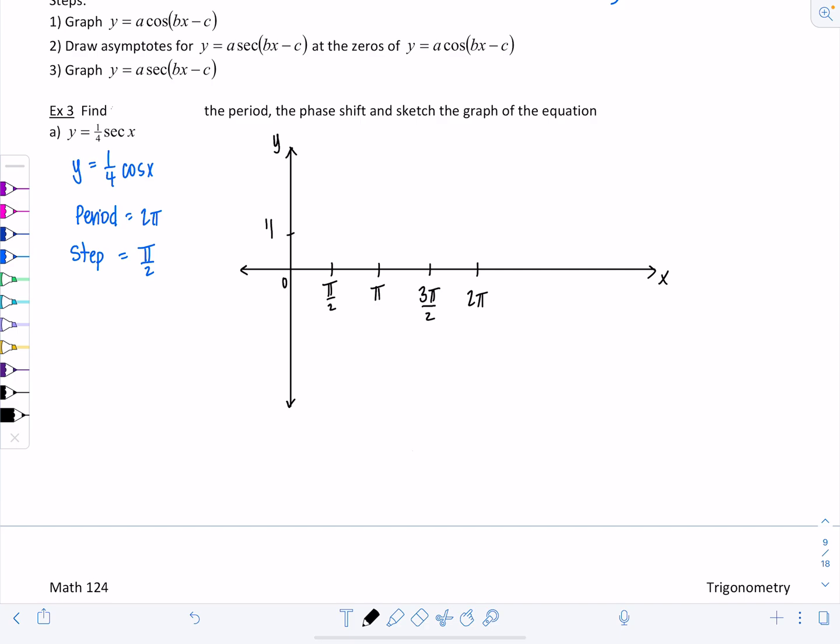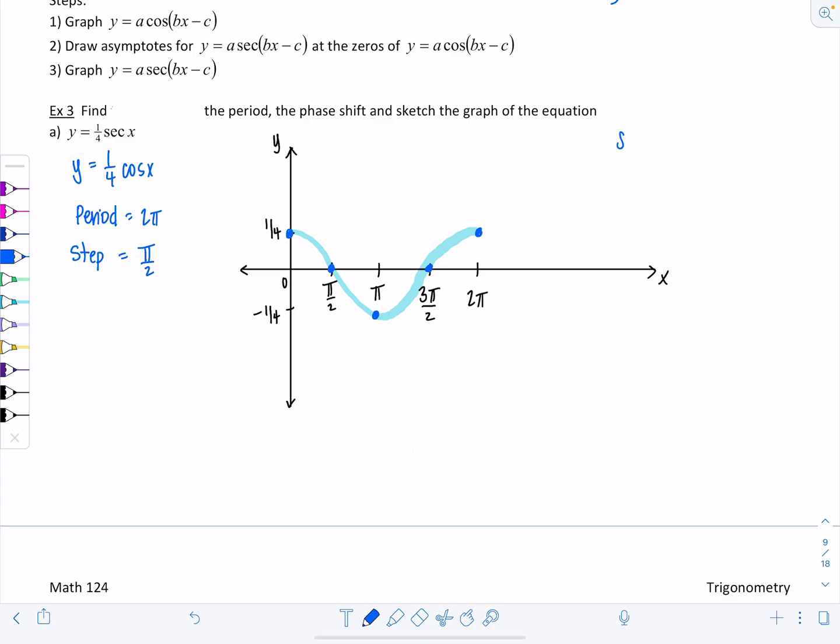In this case, that's 1/4, and then it goes down to -1 or -1/4 here. So we go up, down, up, middle, down, middle, up. Okay, I'm going to draw cosine's graph lightly. This is the unofficial graph, right? We're not finding cosine. We're asked for secant, but we're going to use it as a guide.